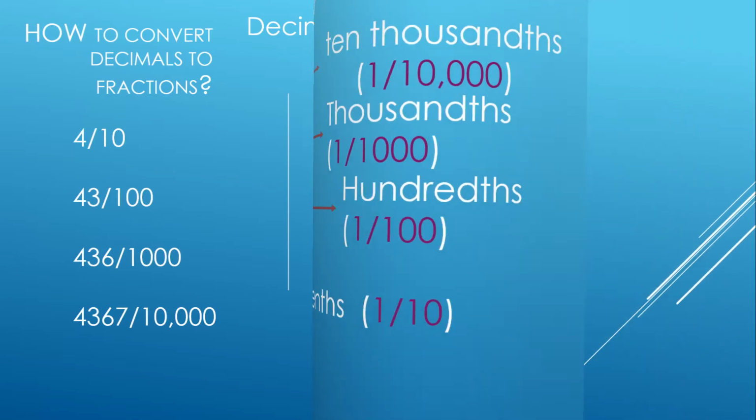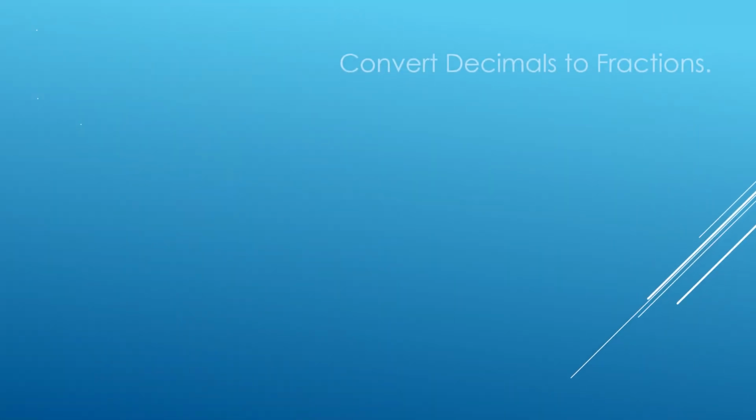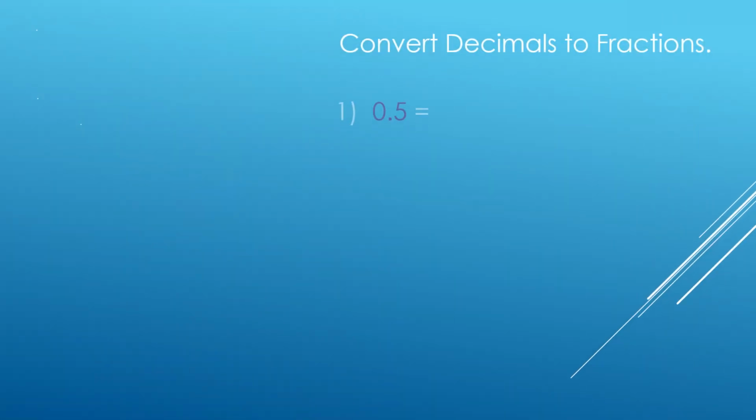Now, let's have an example. We have here 5 tenths, or simply you can read it as 0.5, but you need to identify the place value of 5. This is in the tenths place, so the denominator should be 10. Simply write the numerator as 5, disregarding the point.